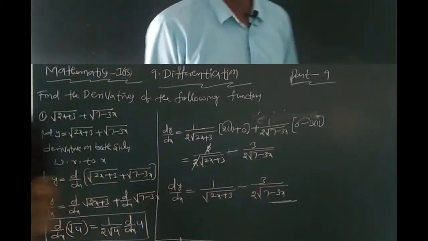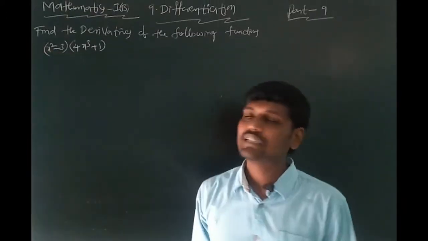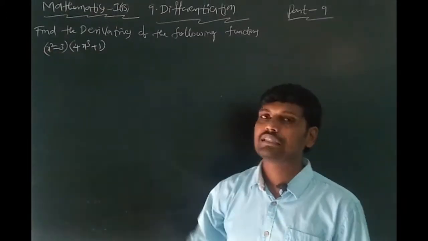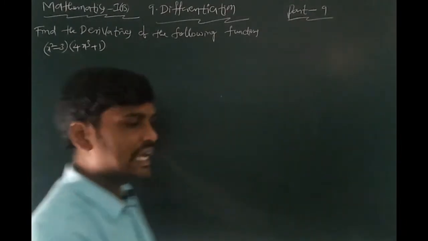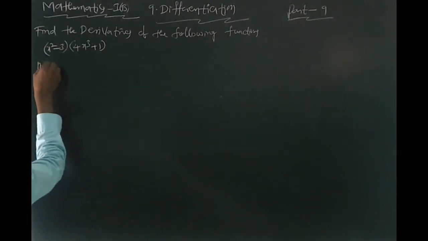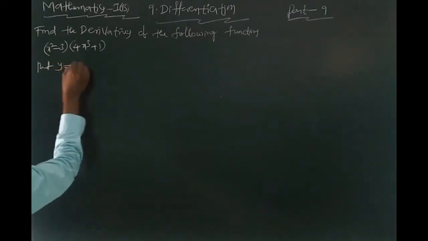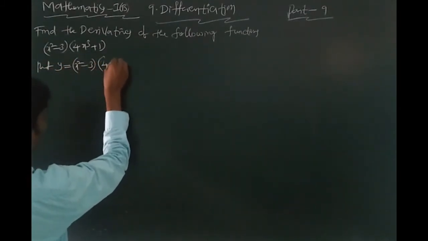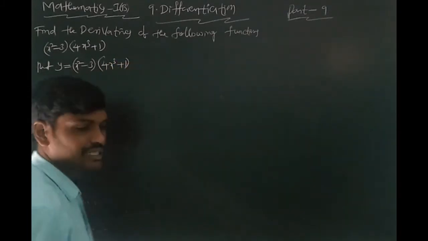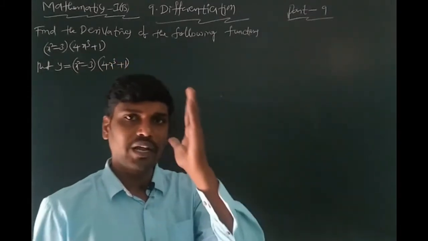Next problem is x square minus 3 into 4x cube plus 1. This is the next problem. First of all, take the given function, let's put y equal to x square minus 3 into 4x cube plus 1. This is the given function, we write it as y.